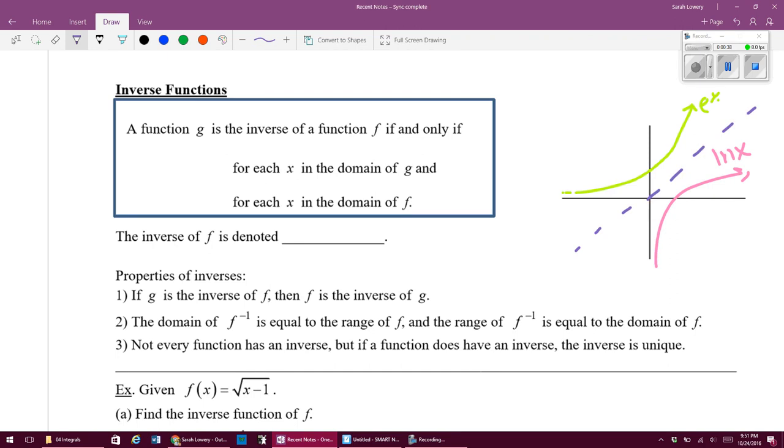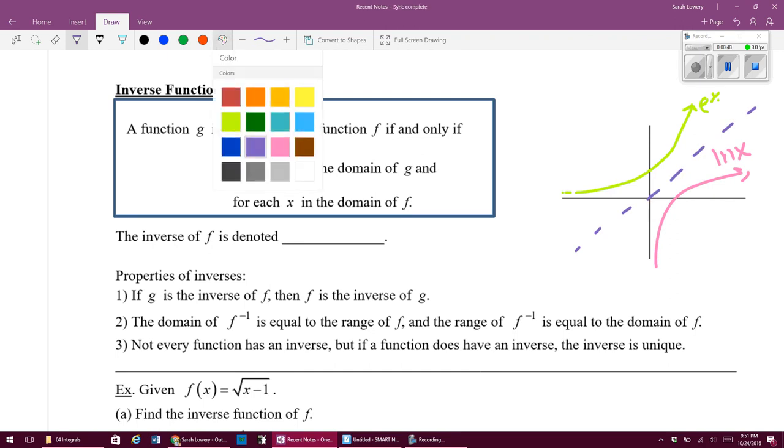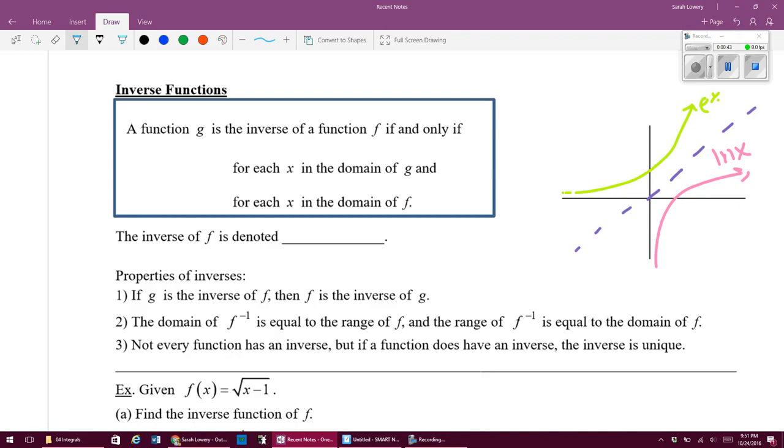Now, in pre-cal, you should have done something called function compositions, where you proved that a function g is the inverse of a function f if and only if f of g of x or g of f of x, both of those function compositions equal x, okay?